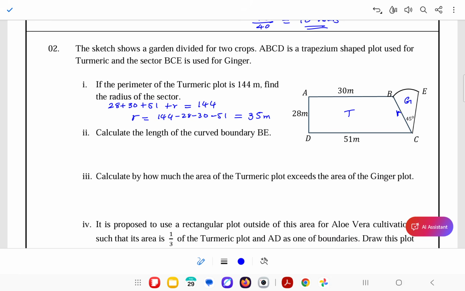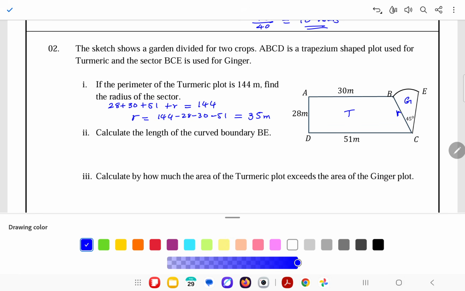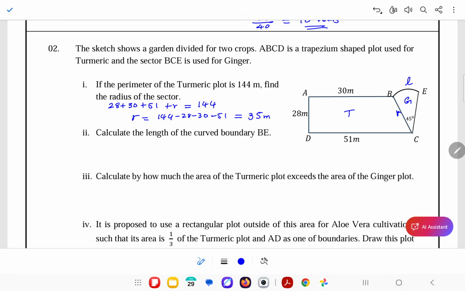Calculate the length of the curved boundary BE. So arc length L. Angle is 45 degrees. Radius is we found 35, right? L is radius 35, theta 45 over 180 times pi.